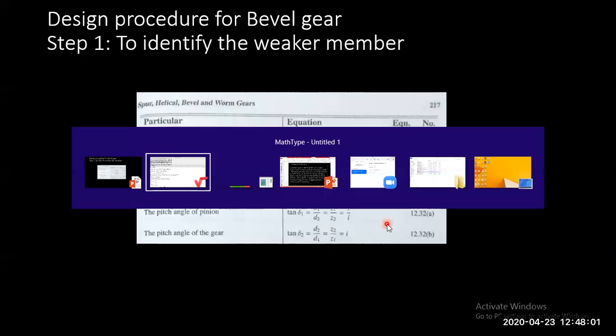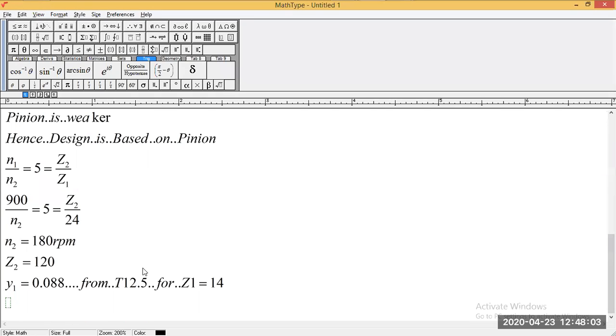Equation 12.32 A. Okay, let's do this. We have tan delta 1. So tan delta 1 is equal to what?